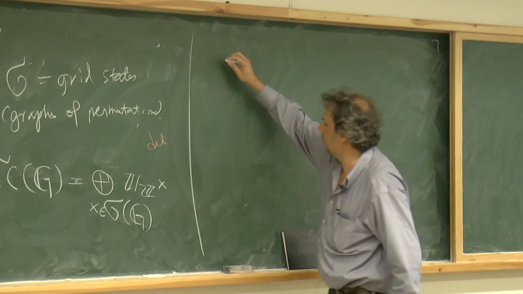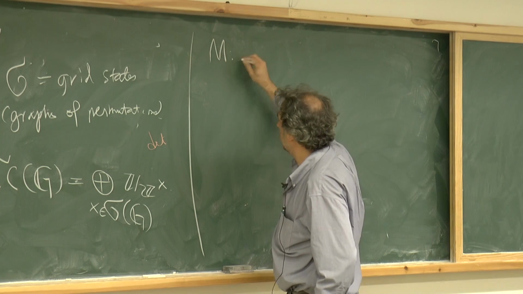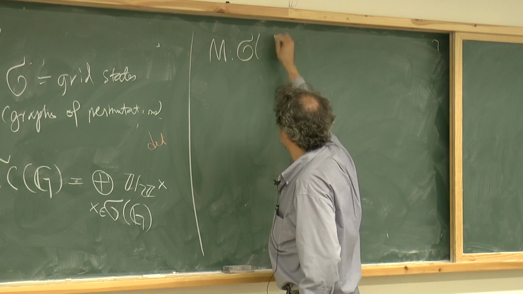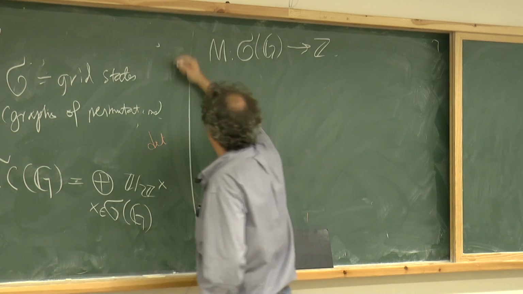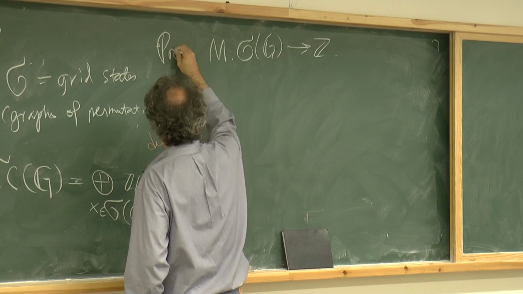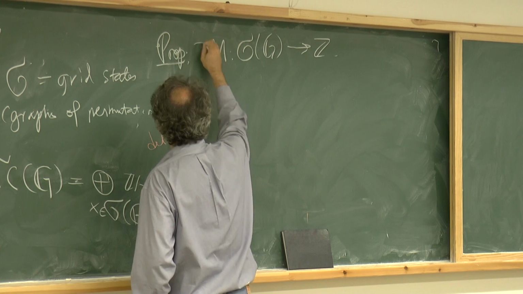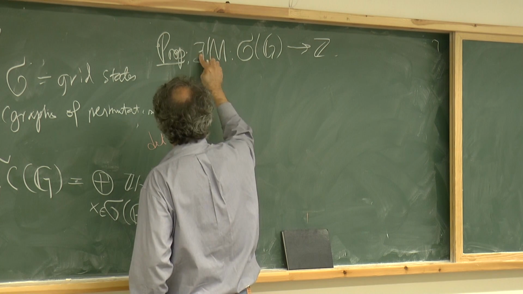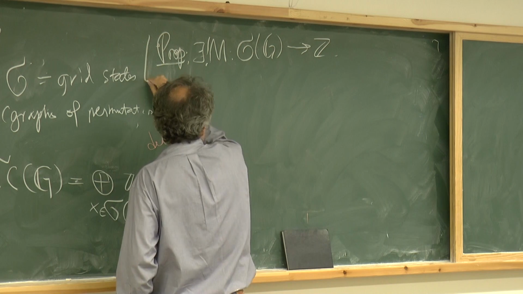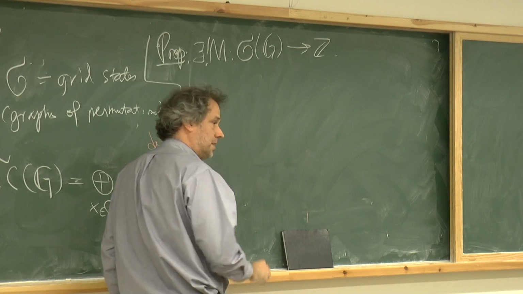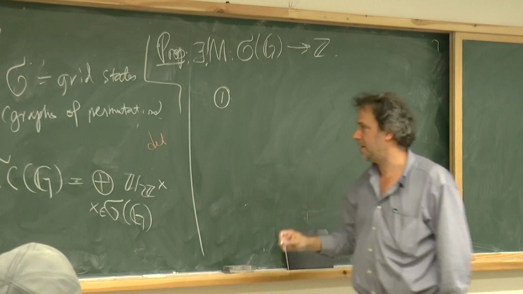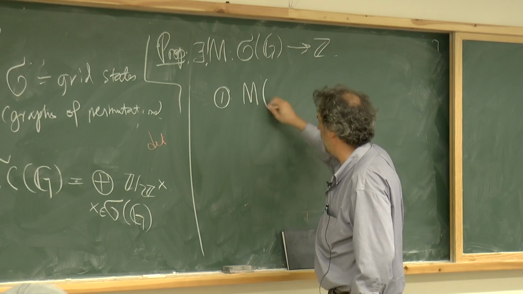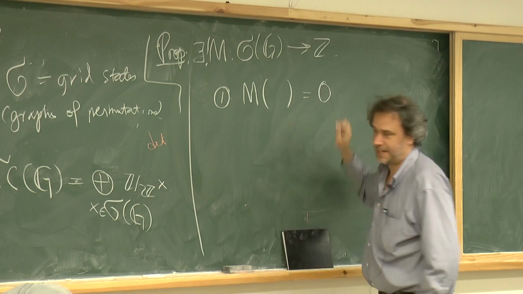So there's a unique function from grid states of the grid diagram into Z. In fact, let me call this a proposition. There exists a unique function from grid states to Z with the following two properties. The first is a normalization. I want this grading for a particular grid state to be 0.